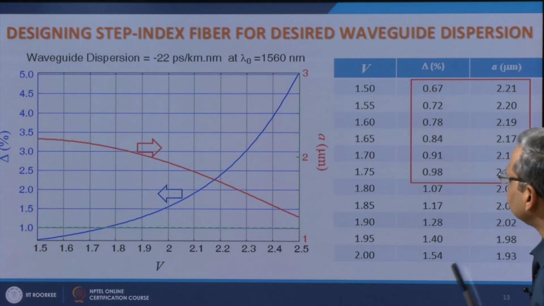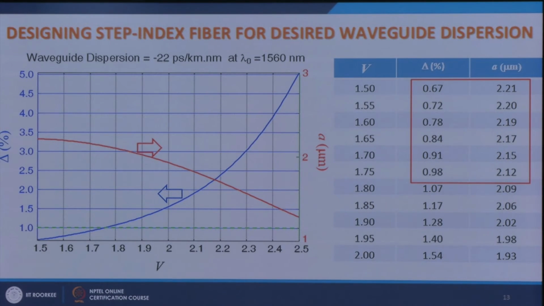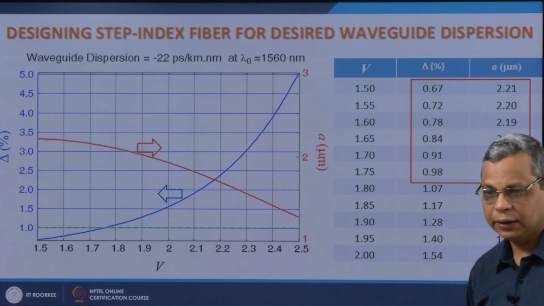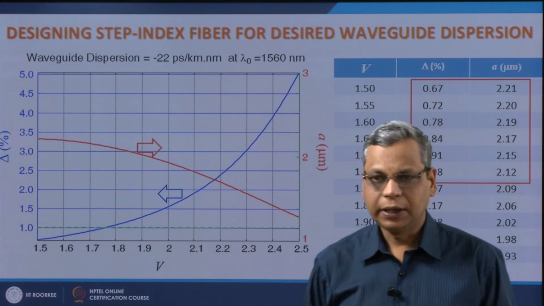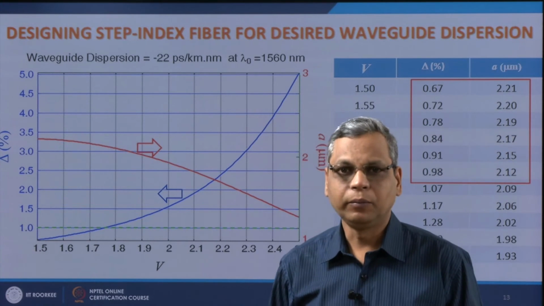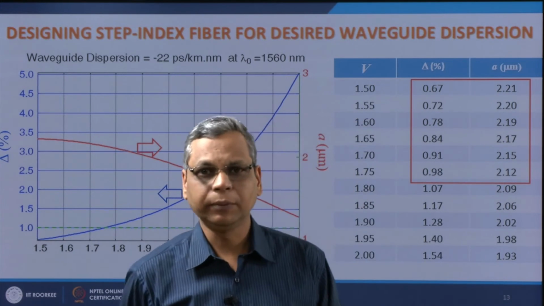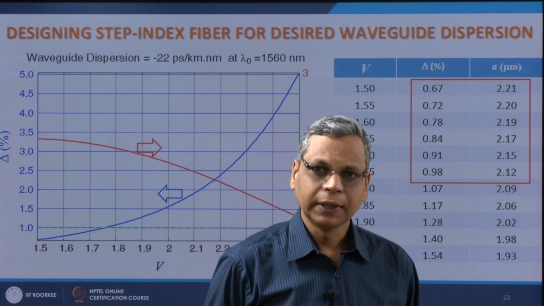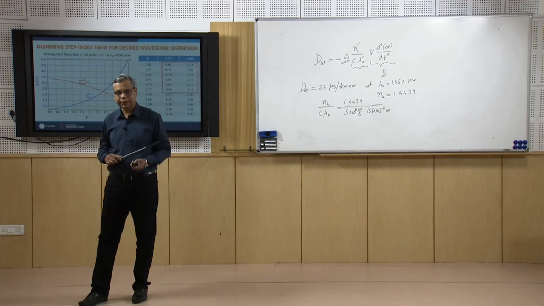So, what I see is that if I vary delta, I would like to keep delta less than 1%. I would not like to have very large value of delta, because if I increase delta, then attenuation in the fiber increases.